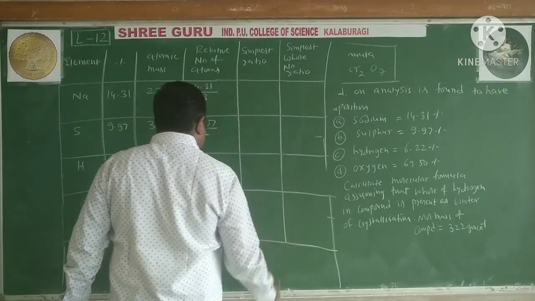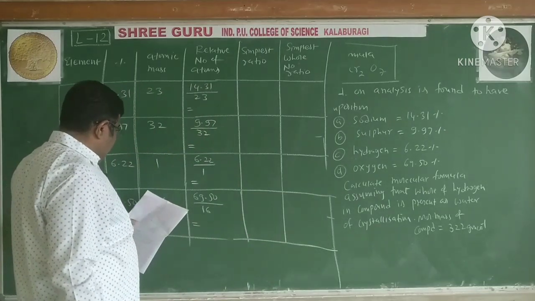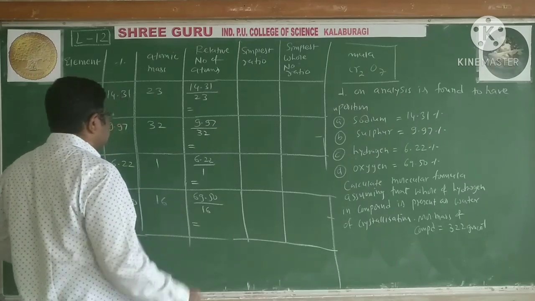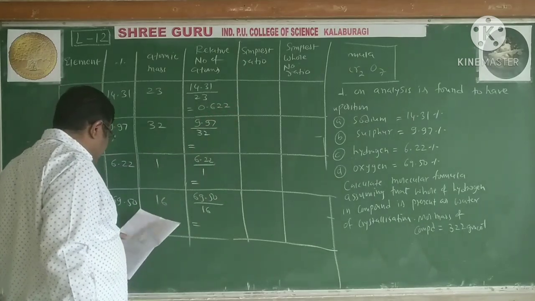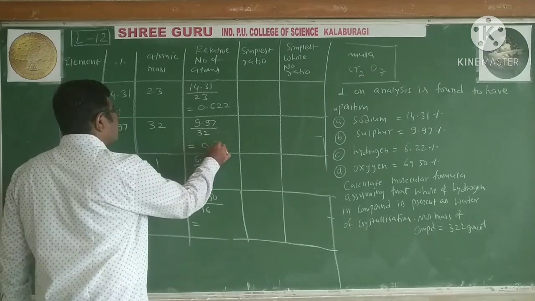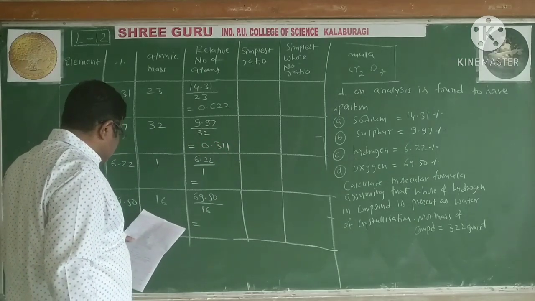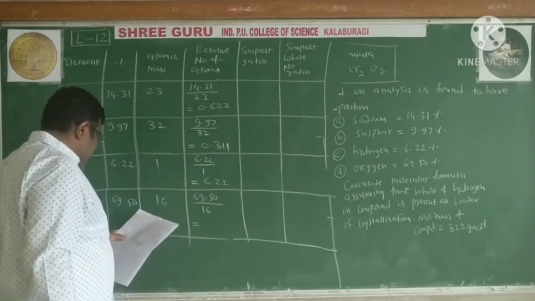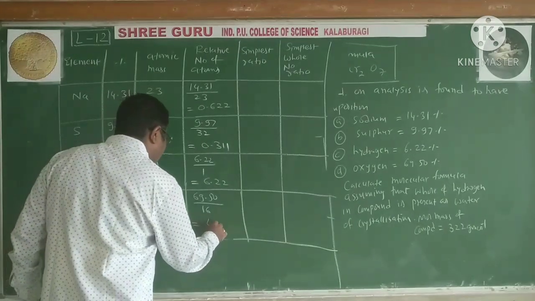Now I have to use the calculator. 24.31 divided by 23 is 0.622. 9.97 divided by 32 is 0.311. 6.22 divided by 1 is 6.22. 69.50 divided by 16 is 4.34.